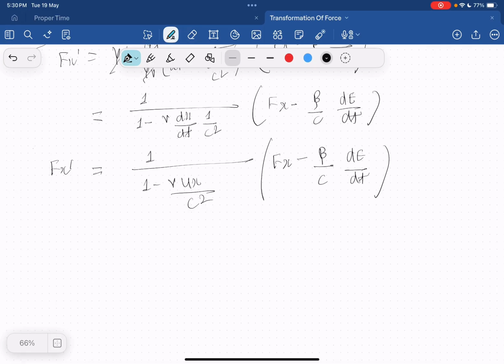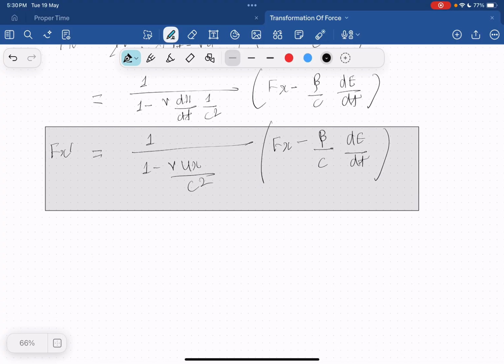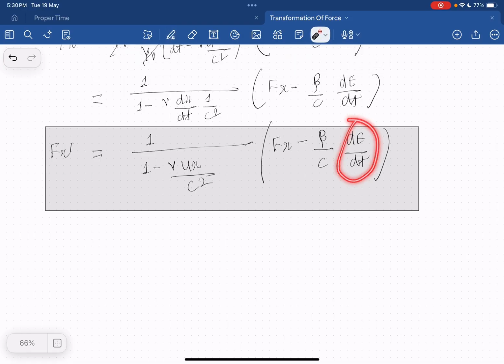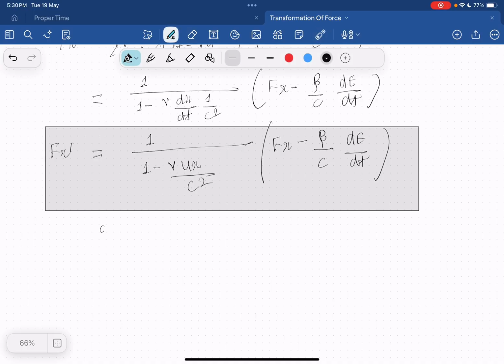We can box it, but there is more simplification we can do by rewriting this dE by dt term. So dE by dt, we know that E is the total energy, which can be written as the rest energy m naught c square plus the kinetic energy, right?